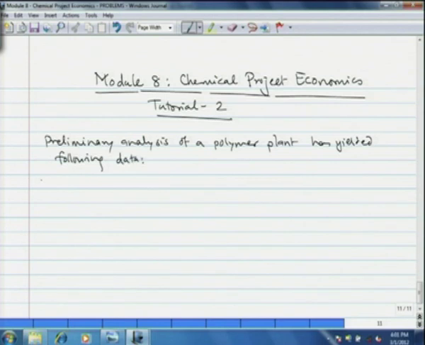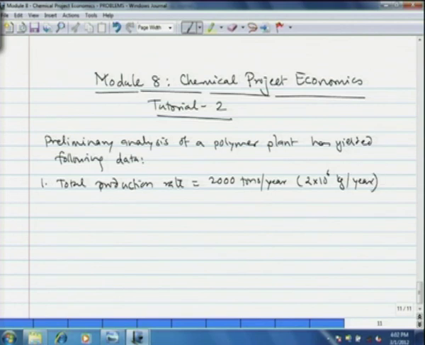First, the total production rate is 2000 tons per annum or 2 into 10 to power 6 kgs per year. Total capital investment is $28 million.